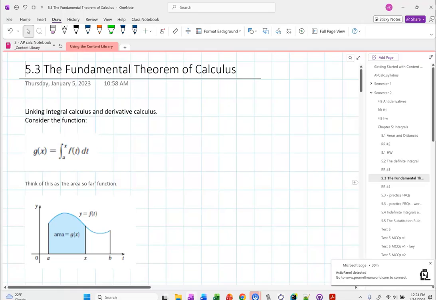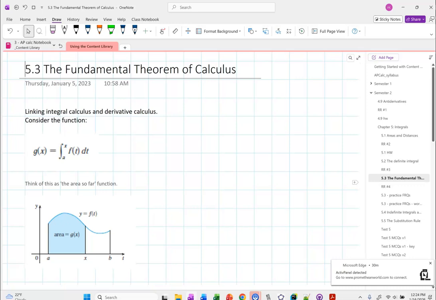So in 5.3, we're going to look at something called the fundamental theorem of calculus. With a name like that, you might guess that this is a pretty important idea. So in these first 3 sections we've talked about antiderivatives, and we talked about finding the area under a curve.